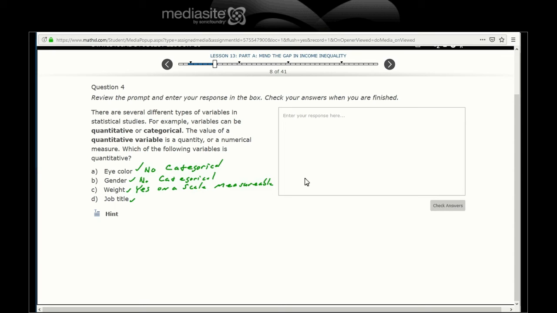Can you measure a job title? A teacher, engineer, scientist, politician, also known as, well, politics, etc. So no, this is also categorical. It's a category. So the only one that is quantitative is weight.